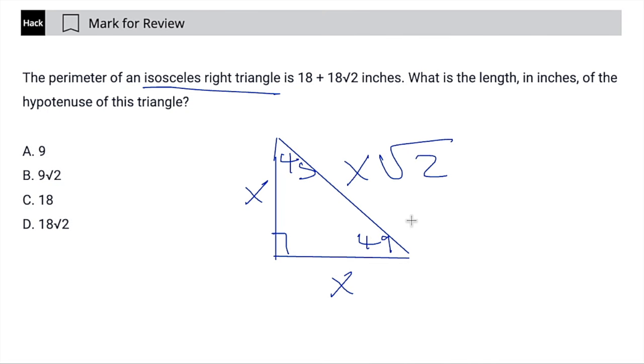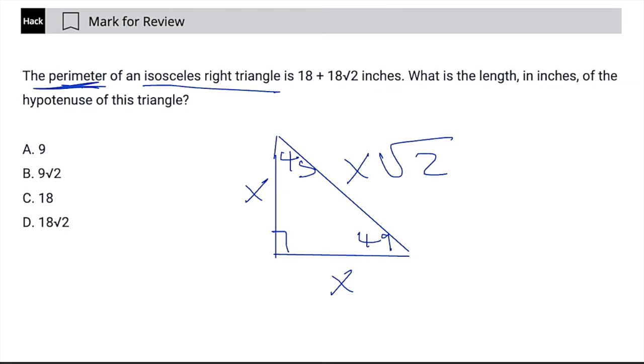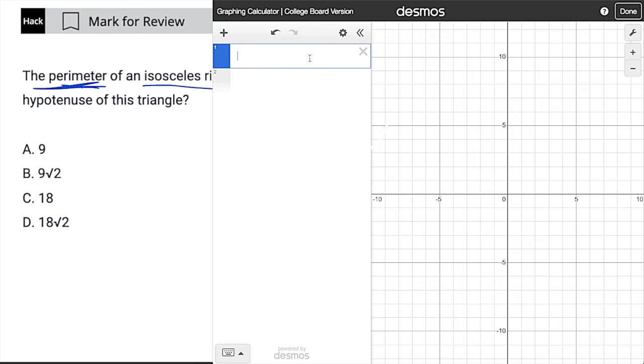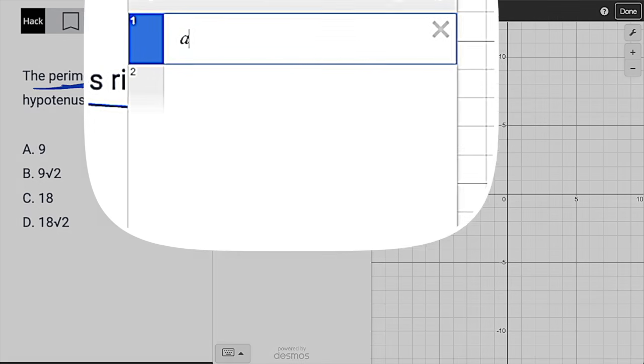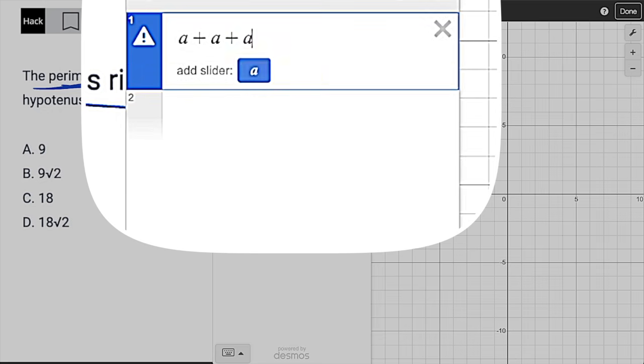It's also telling us the perimeter of this triangle. And we know that the perimeter is side plus side plus side, right? And in this case, of course, the relationship would tell us that the perimeter is x plus x times the square root of 2. So if we throw this into Desmos, we'll change x to a again. So a plus a times the square root of 2.